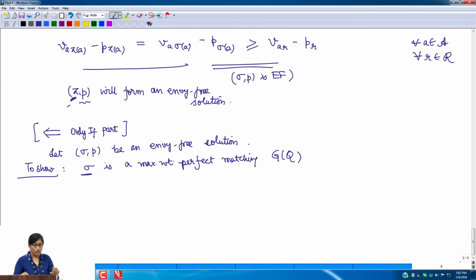To complete the characterization, now I need to show that, given any NV-free solution, the matching or bijection sigma must again be a max weight perfect matching. The proof is via contradiction. For contradiction, assume sigma is not a maximum weight perfect matching.